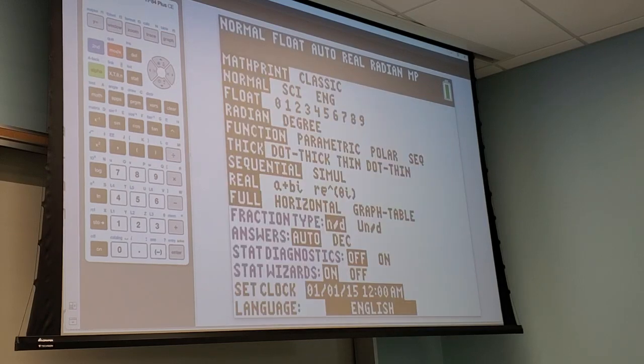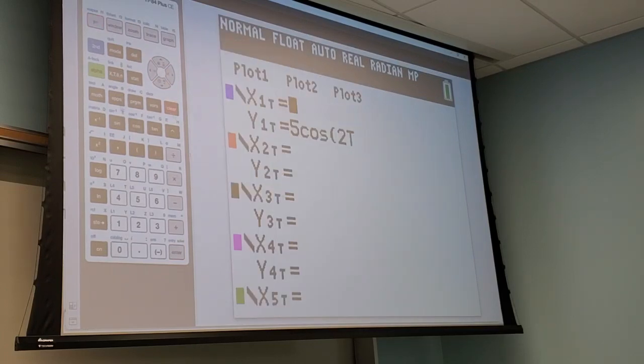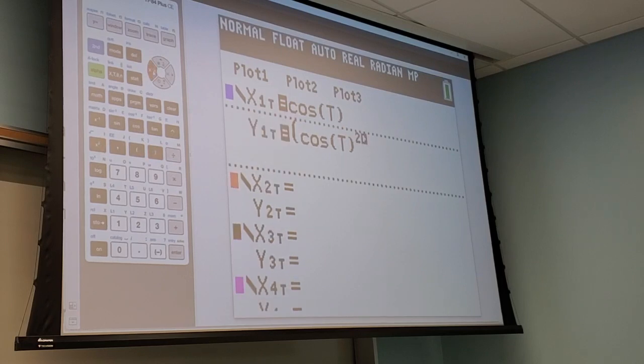If I go to parametric and I put in there cosine t, and cosine squared t, minus 2 cosine t cubed.